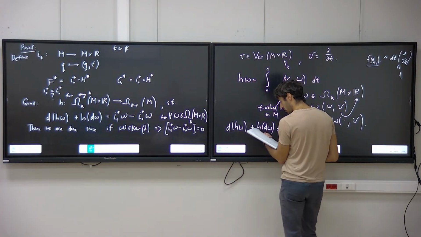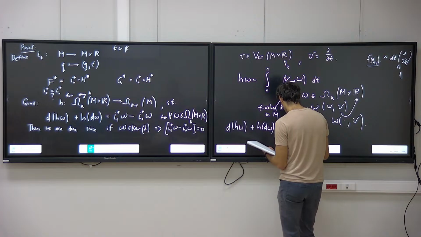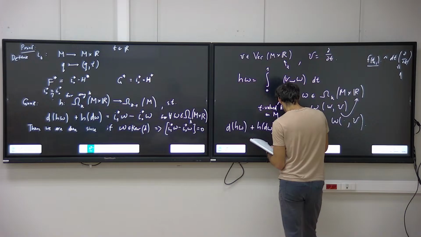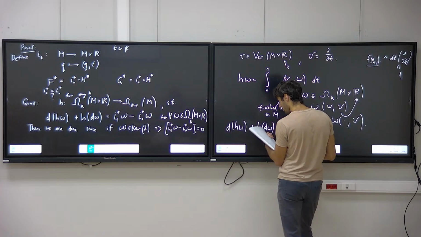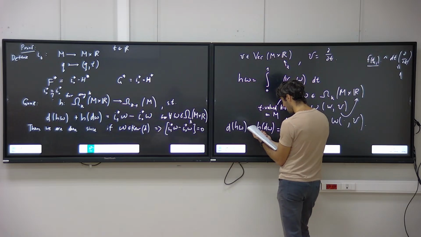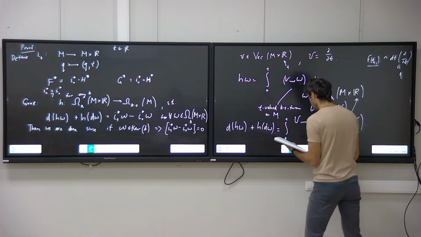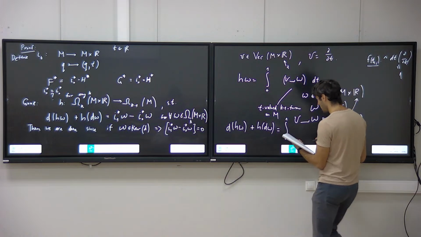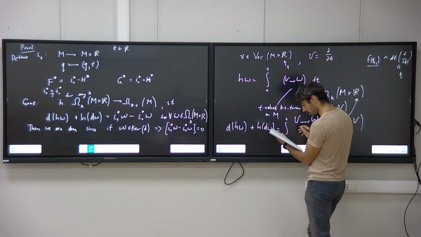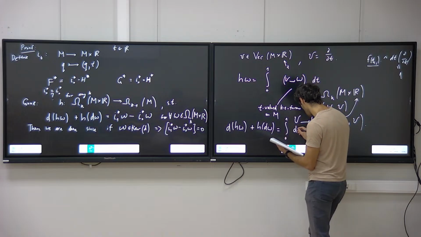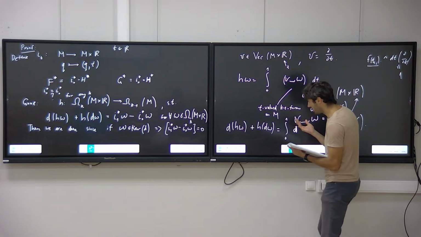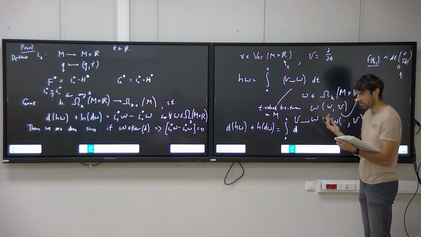So this is what I integrate. I can actually put d inside the integral, right? Because d is linear, and that's why.